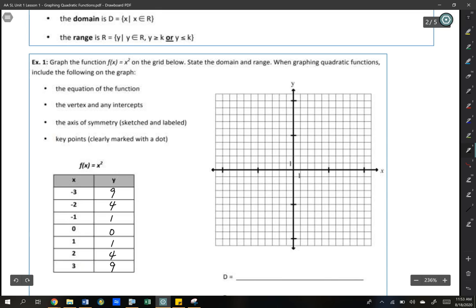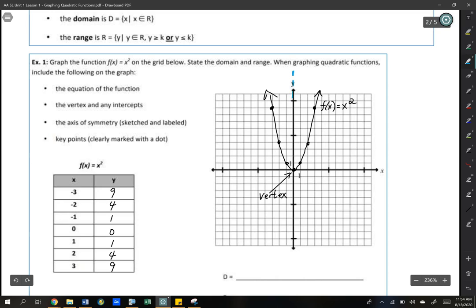Now we're going to go ahead and plot those points and sketch our graph. Okay, we're going to label our vertex. All right, our equation is f of x equals x squared. We're going to draw in our axis of symmetry.